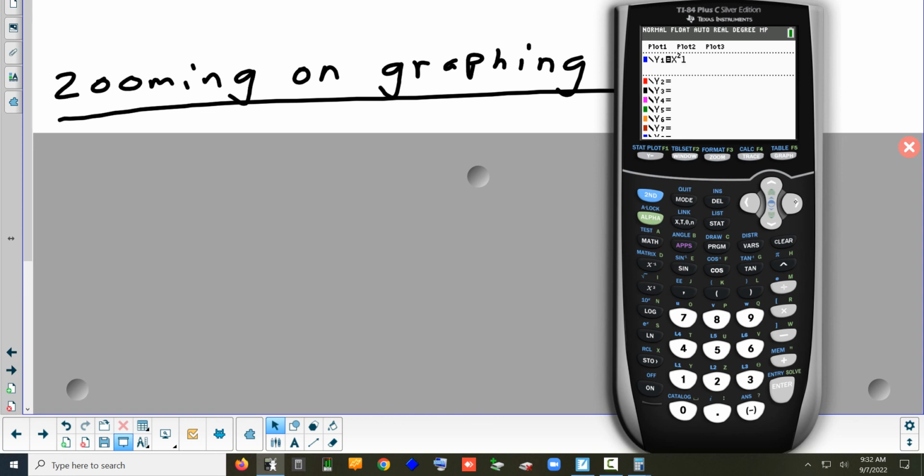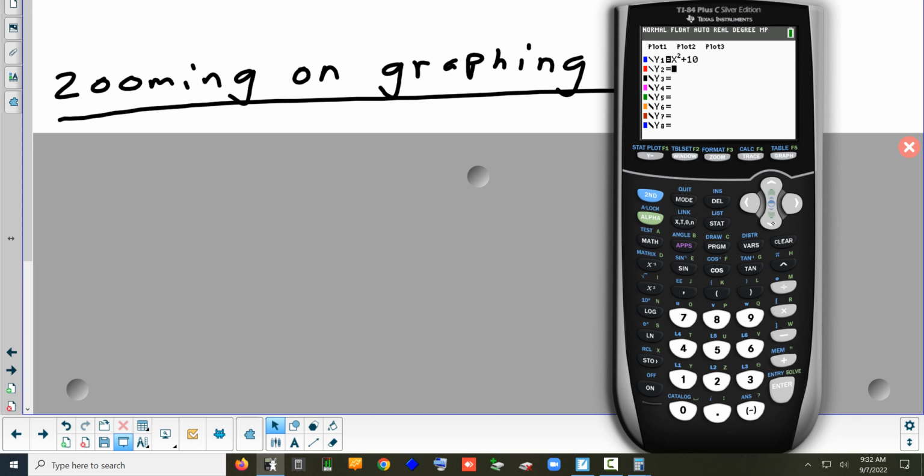And now we can do plus 10. Oops, I have an extra symbol in there. There we go. Plus 10. I don't know why I had an extra symbol. Oh, it's gone. So you should have a screen that looks just like that: x squared plus 10. Does everybody have that?